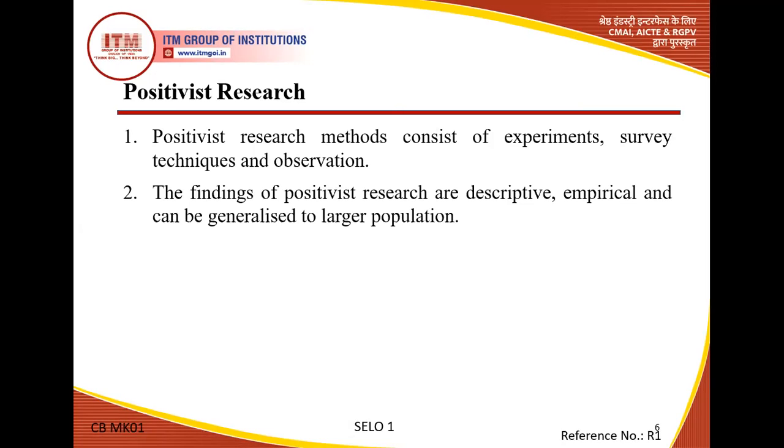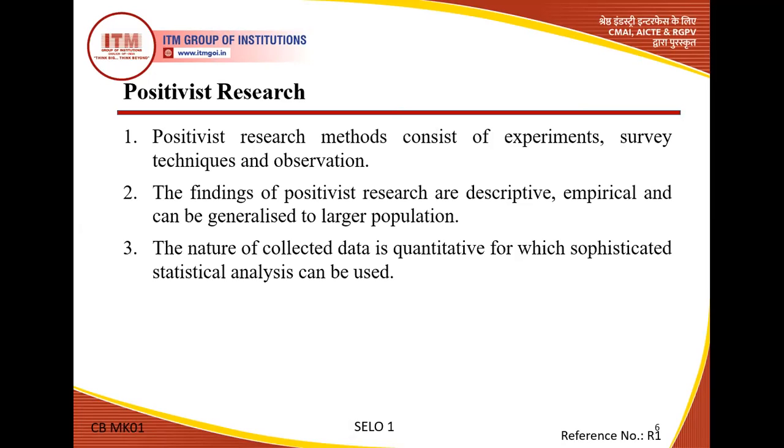The findings of positivist research are descriptive, empirical, and can be generalized to larger populations. The nature of collected data is quantitative, for which sophisticated statistical analysis can be used. What does it mean? We are talking about positivist research, which is a terminology in consumer research.